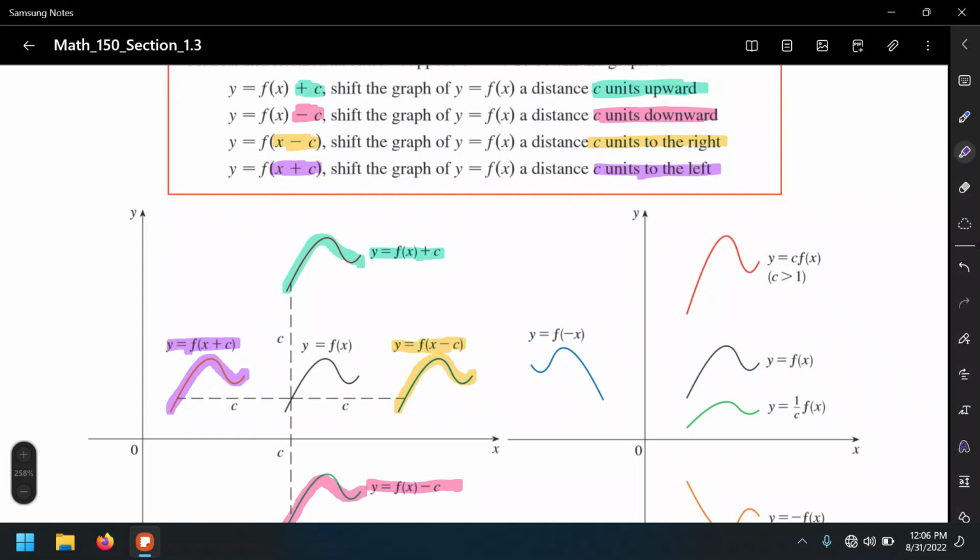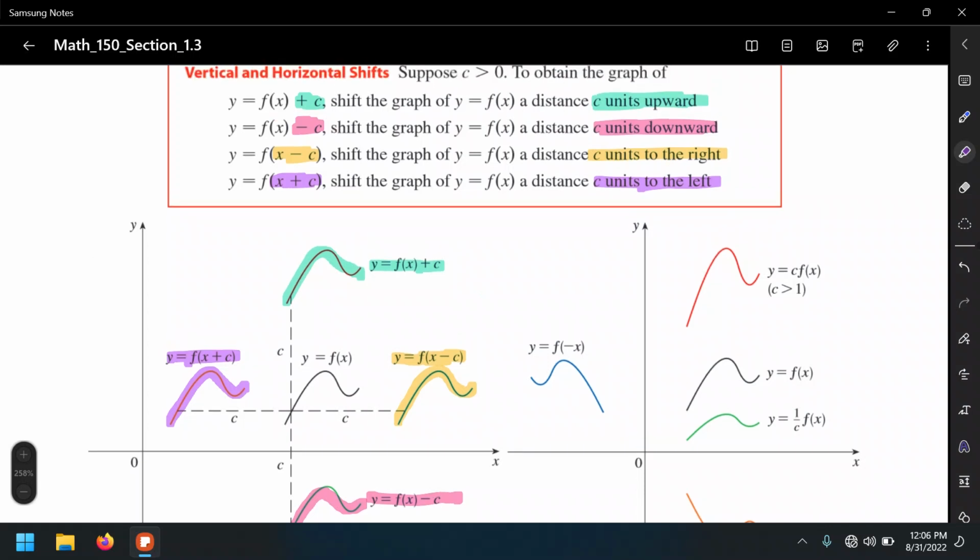If c is 7, that's 7 units to the left, right? And again, the vertical shiftings go with the sign. Plus means up, minus means down. But in the horizontal shiftings, the minus goes to the right and the plus goes to the left. So that's the only one where we go in the opposite direction.